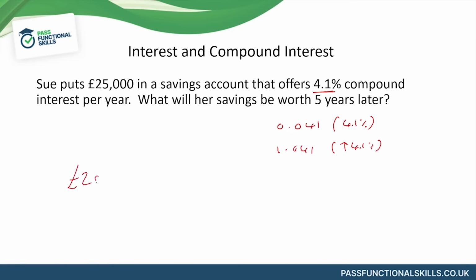So here the calculation is £25,000 multiplied by 1.041, and this is going to be to the power of 5, or just type in times 1.041 a total of 5 times. So I think it's a lot easier if we use these powers. £25,000 times 1.041 to the power of 5 comes to a total of £30,562.84 to the nearest penny.